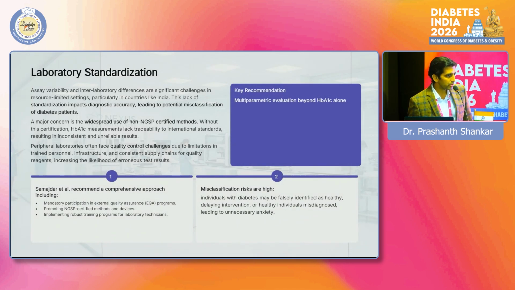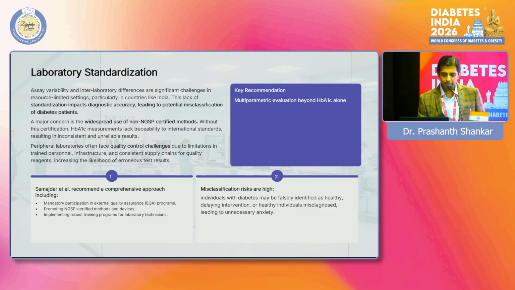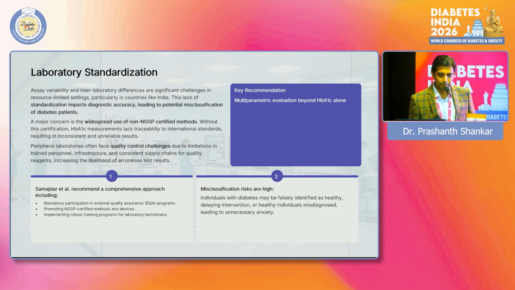This is probably one of the biggest issues with the use of HbA1c in the Indian setup: the lack of standardization. This lack of standardization impacts the diagnostic accuracy, leading to potential misclassification of diabetes patients. And the major concern is the widespread use of non-NGSP certified methods.